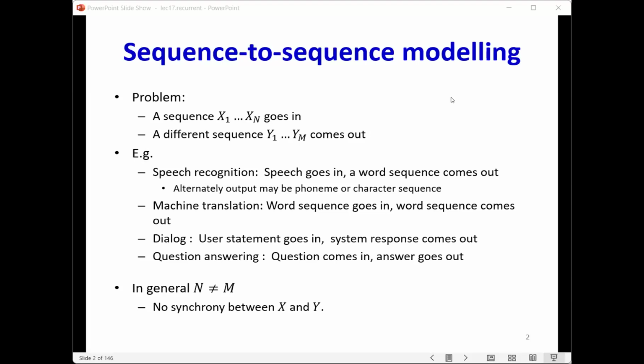All of these are sequence-to-sequence transduction problems. Who would have thought that a dialogue system is basically just a little mathematical function which converts one sequence to the other? That's exactly what it is. In general, the number of symbols in the input sequence need not be the same as the number of symbols in the output sequence, and no synchrony may be assumed.